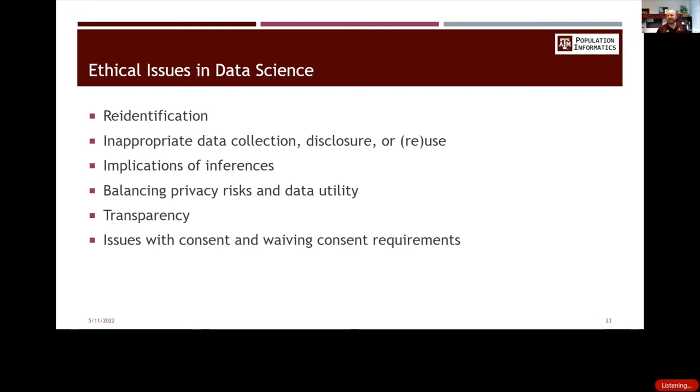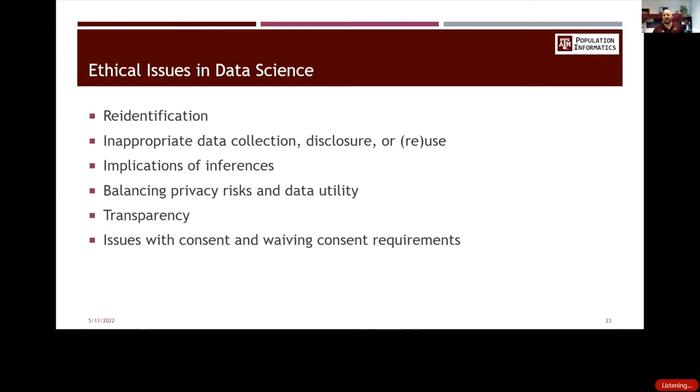Now, often in research, we like to think of ourselves as well-meaning, and we might look at this ethical issue and think, okay, what I'm talking about here is malicious actors, hackers, or somebody stealing a laptop from the backseat of my car.